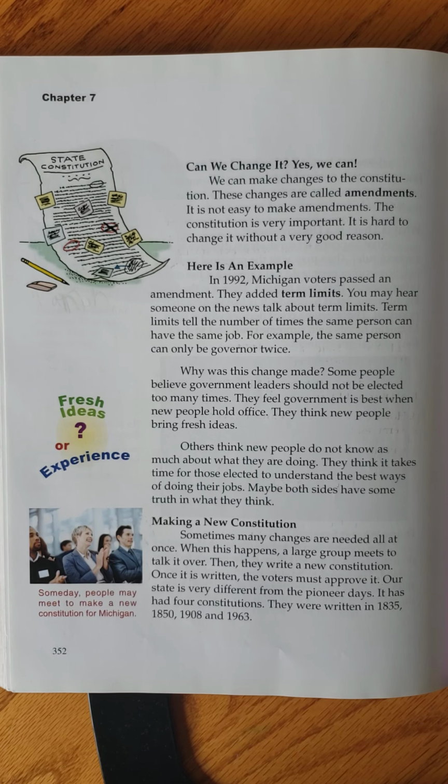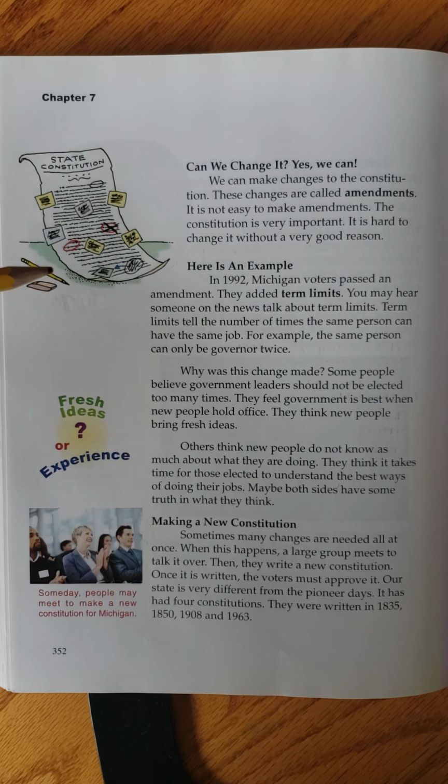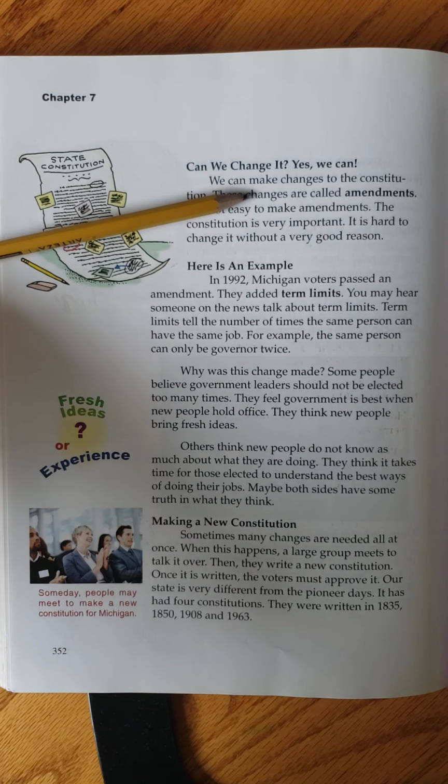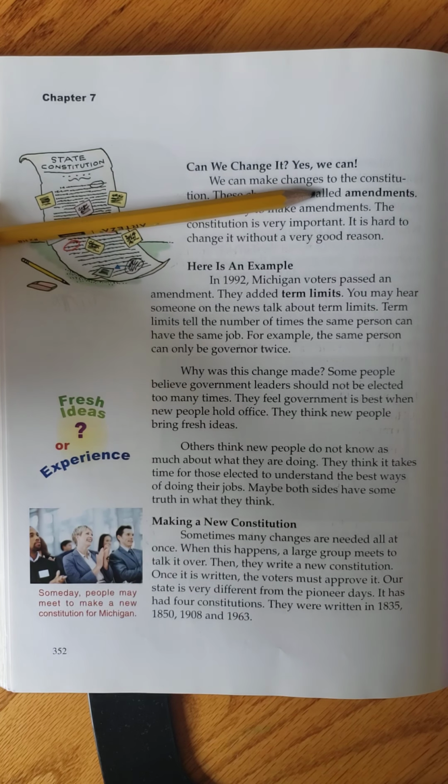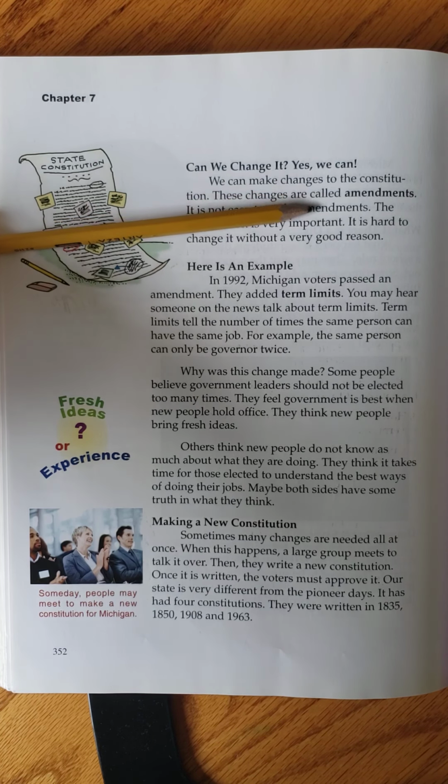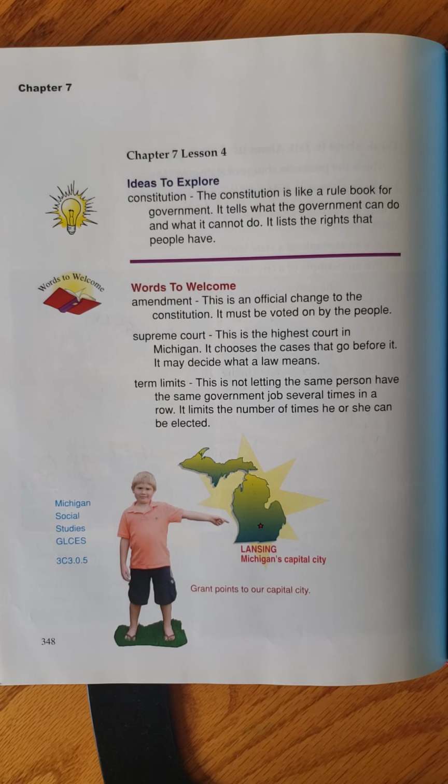The Supreme Court can decide to change the Constitution, and if they make changes, those changes are called amendments. Today you'll read all of this lesson and take notes into your social studies notebook.